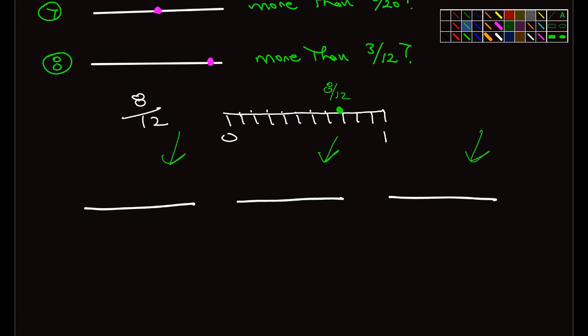So here's what I want you guys to do. First line, I want you to represent 7/8. The next line I want you to draw is 12/20. And then finally, I want you to draw 4/16.